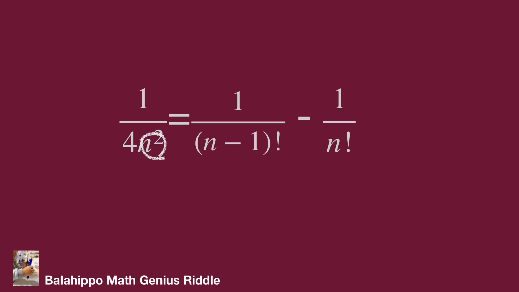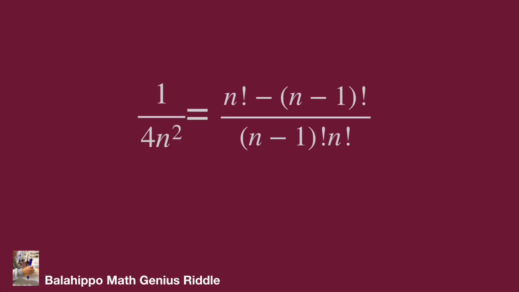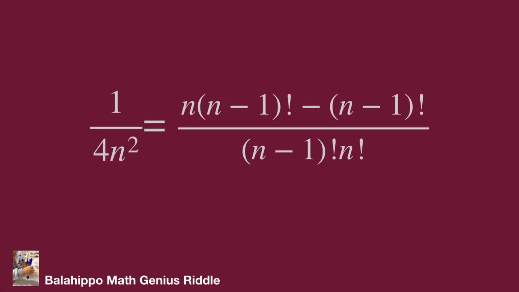Subtract the two fractions on the right side of the equation: 1/(4n²) equals (n! − (n−1)!) over ((n−1)! times n!). As we mentioned in the beginning, n! equals n times (n−1)!.